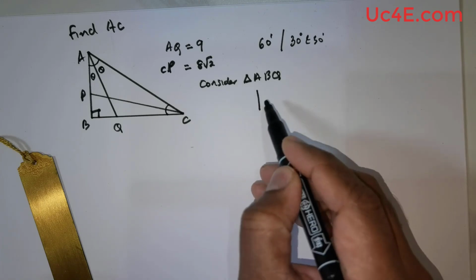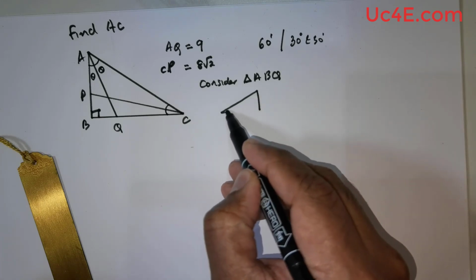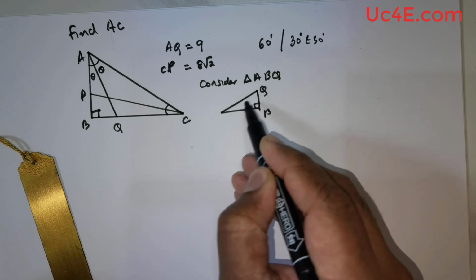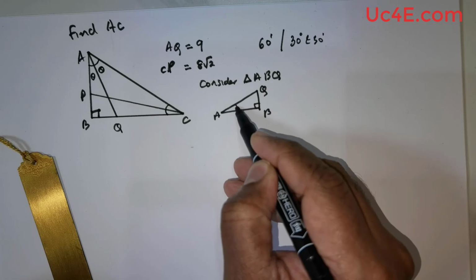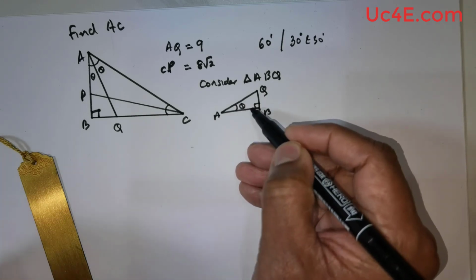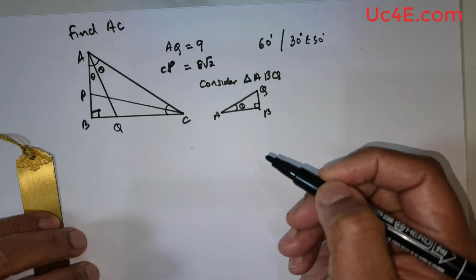Let me draw that triangle. So this is going to be the triangle, and this point is B, this point is Q, this point is A, and this angle is theta. Now we can take it as theta or alpha or beta, anything that we want. I'm taking it as theta.